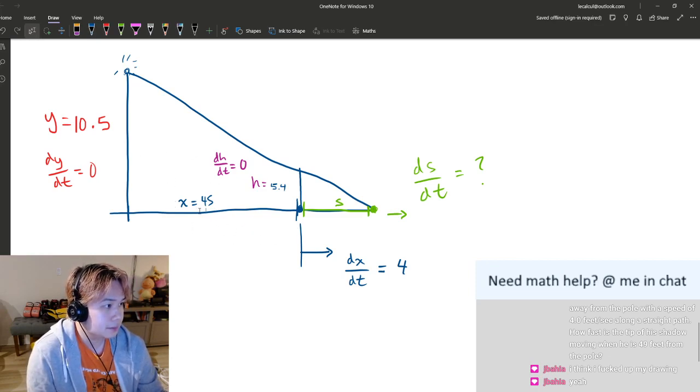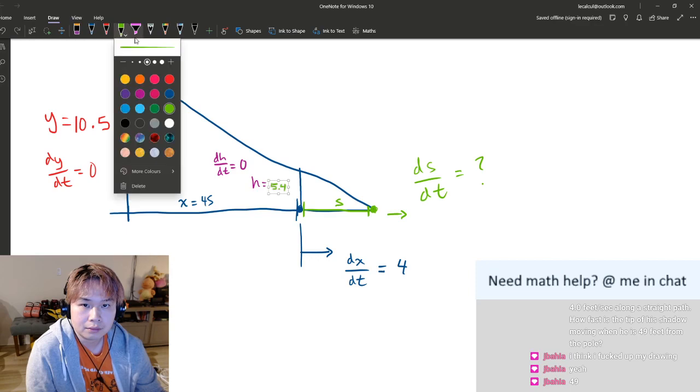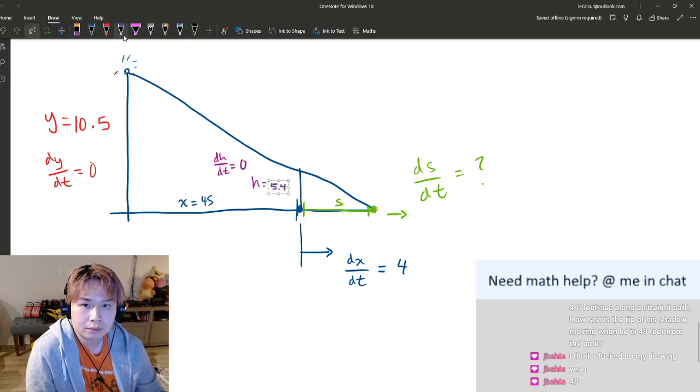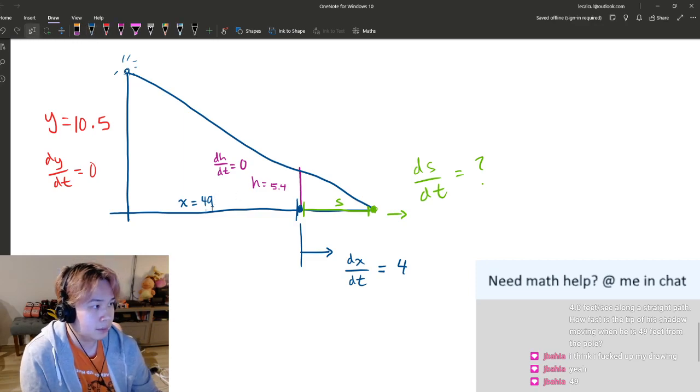Okay, so now how can we relate these 4 variables together? And then that might be the tricky part. Okay, and we're going to use something that you might not have used in a while, which is similar triangles.